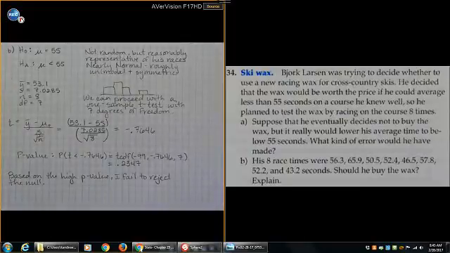So in this case, there is not evidence that the true mean time would be less than the 55 seconds. And because it asks what our recommendation would be, we would not recommend that he buys that wax.